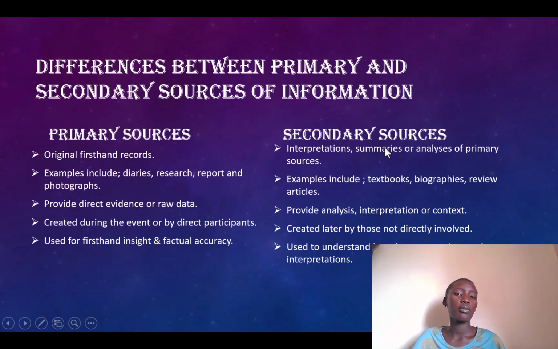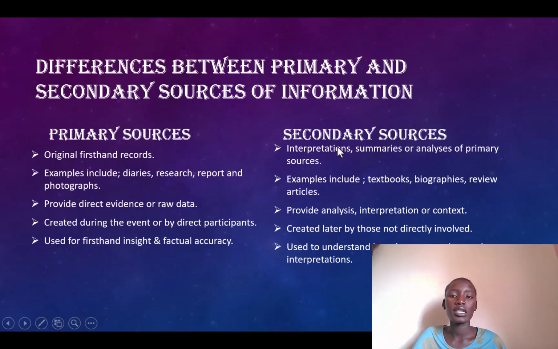So here we're going to be comparing the primary and secondary sources of information. On our left, we have the primary sources. On the right, we have the secondary sources. We are differentiating them mainly according to the characteristics, functions, and examples. Primary sources are original first-hand records.